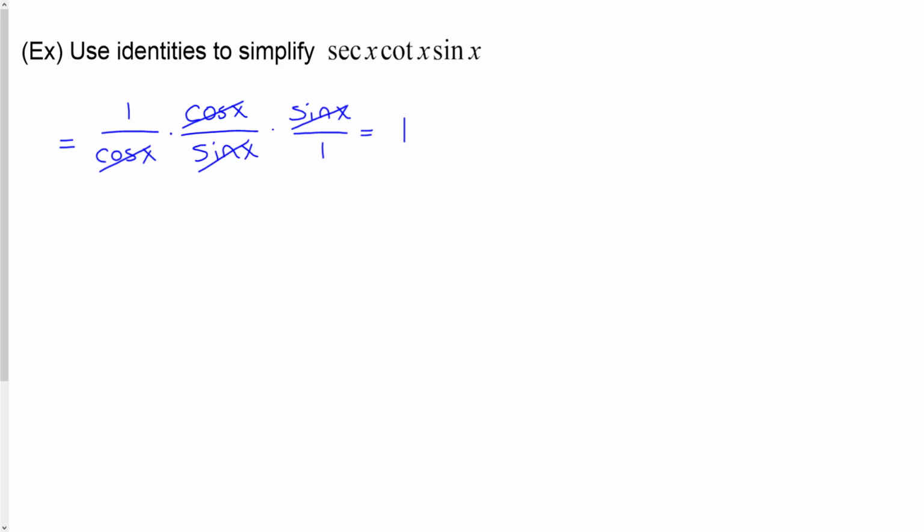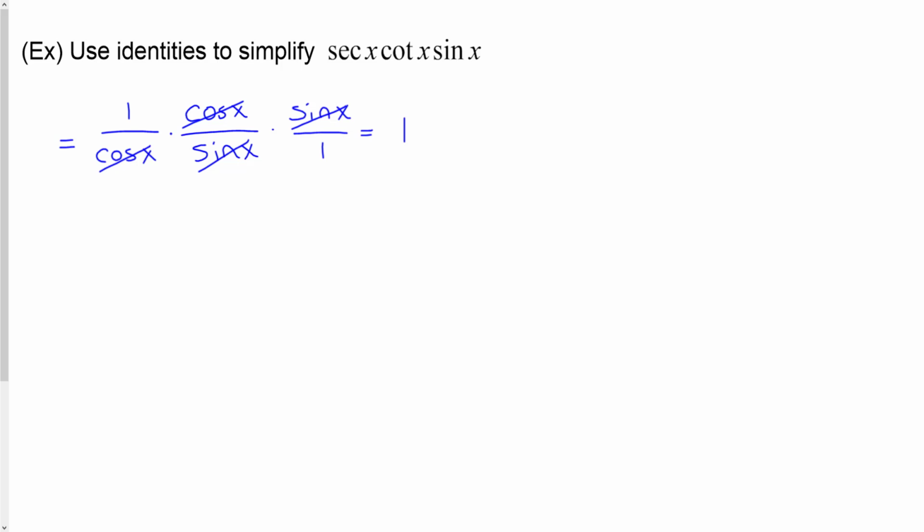So the question is, how will you know how far to take these problems to get them fully simplified? Well, in this section, it's going to simplify down to either a constant or just one trig function, something that's very much more simplified than what you started with.